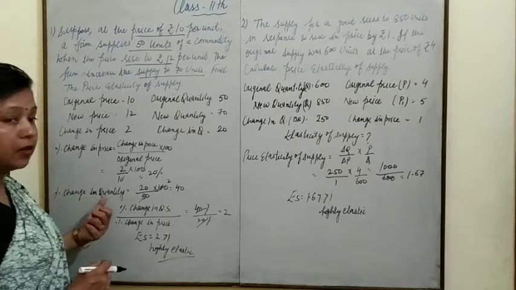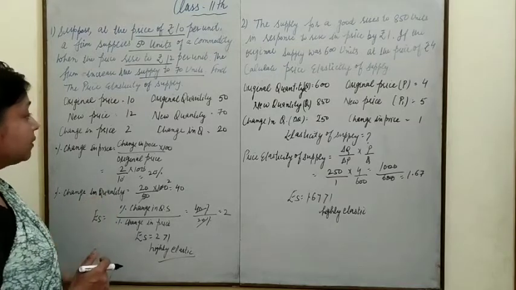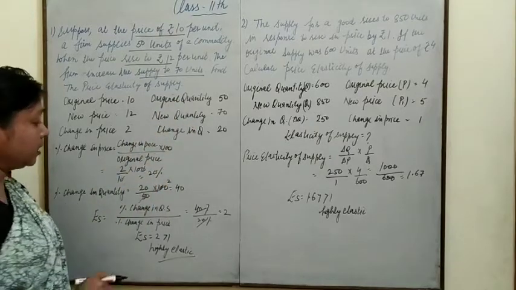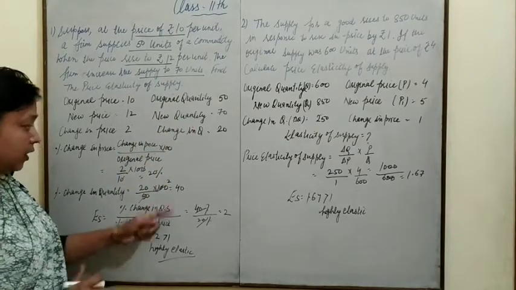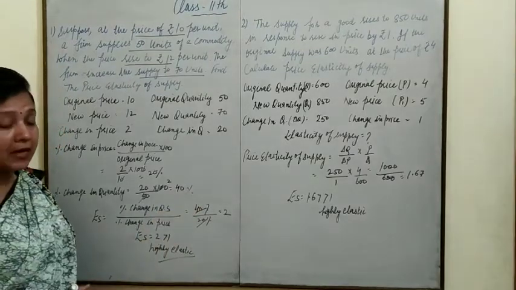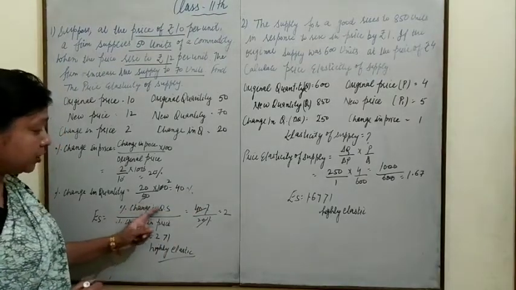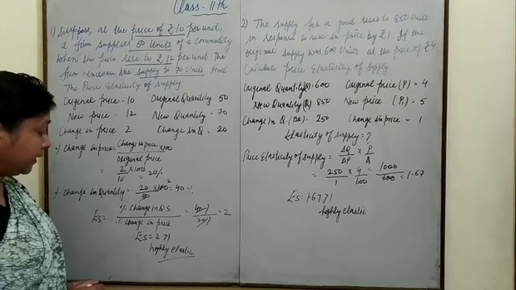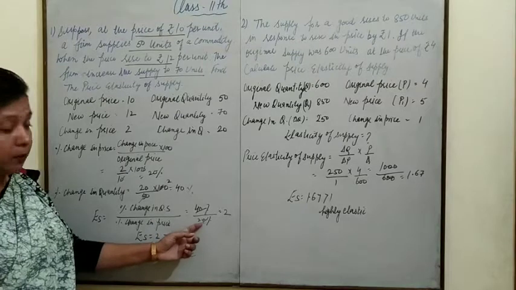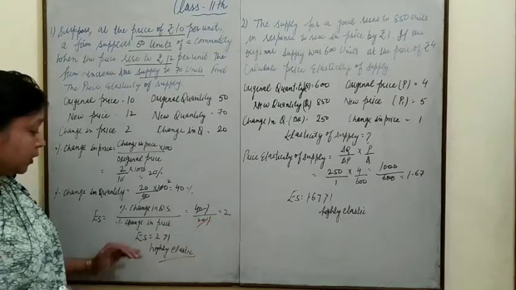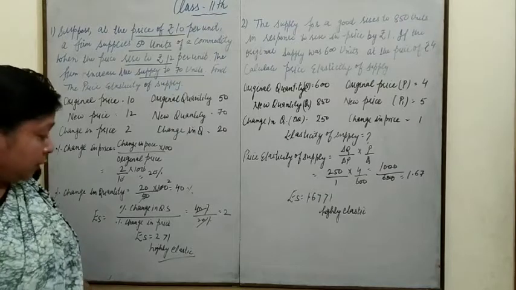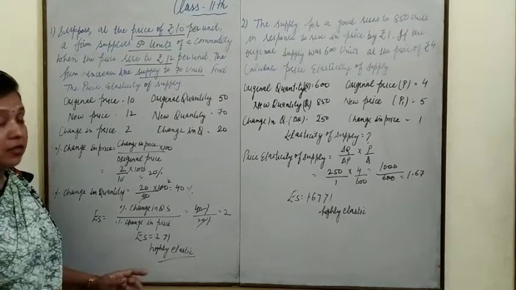Percentage change in quantity supplied is change in quantity supplied divided by original quantity multiplied by 100, that is 40%. So elasticity of supply is equal to percentage change in quantity supplied divided by percentage change in price. So 40% divided by 20% is equal to 2. Elasticity is equal to 2, that is greater than 1. It means it is highly elastic.